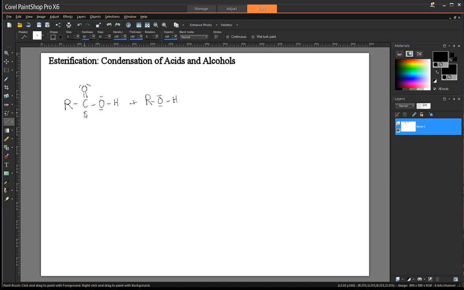So what that's going to do is pull electrons away from this carbon, the carbonyl carbon of the carboxylic acid, and make it slightly positive, and these oxygens are going to be slightly negative in terms of their polarity. So what we've got here is a situation where we have a slightly positive carbonyl carbon and we have a slightly negative oxygen on this alcohol.